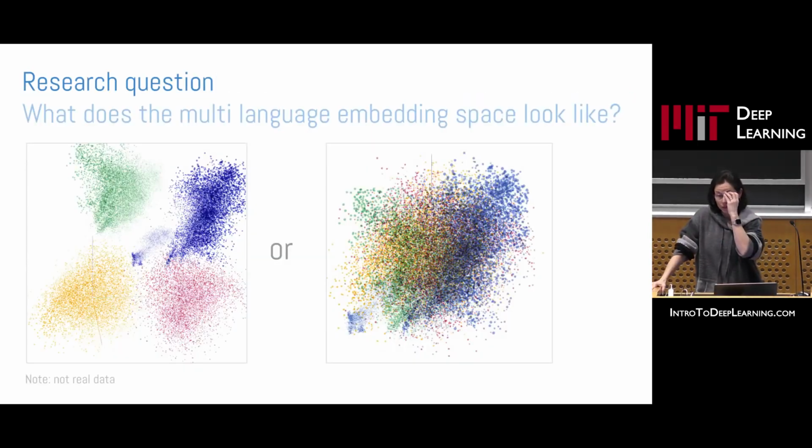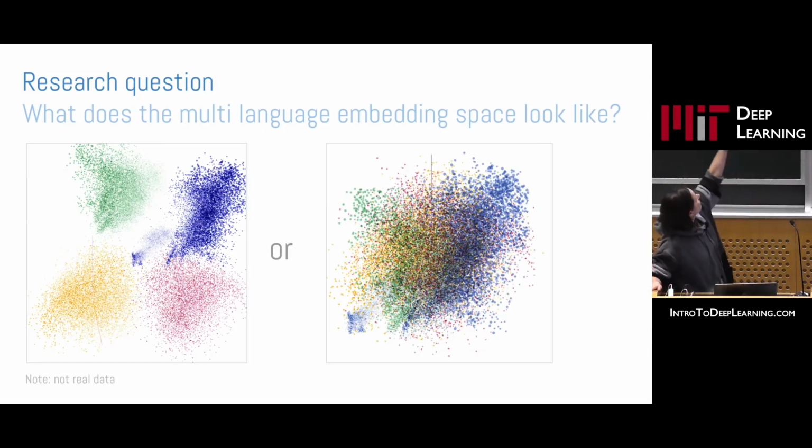The question in these researchers' minds, these are the people who were building the Translate system, was: imagine I have a space with multiple languages, an embedding space, a very high dimensional space of language. What were these multilingual systems doing?